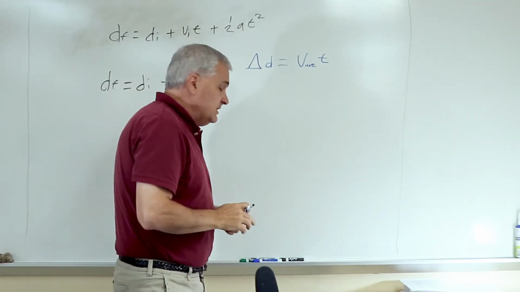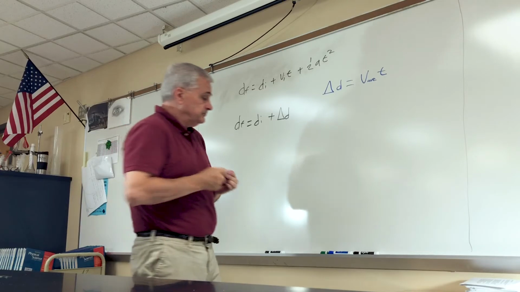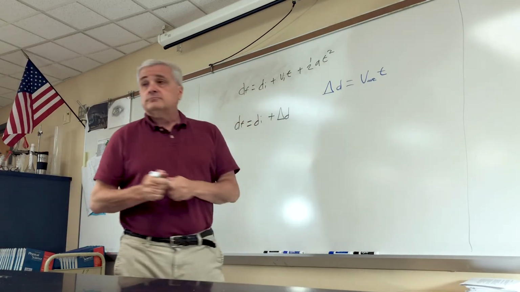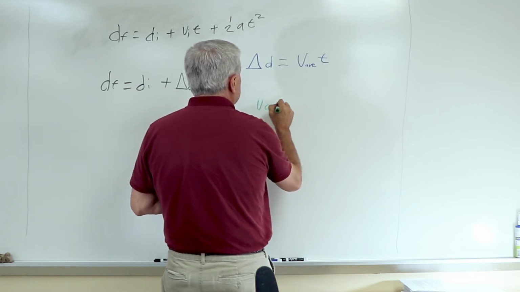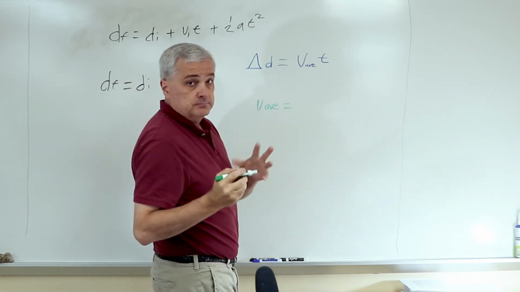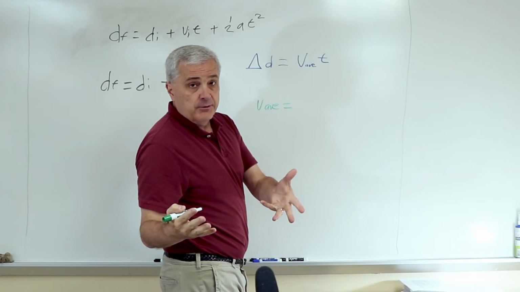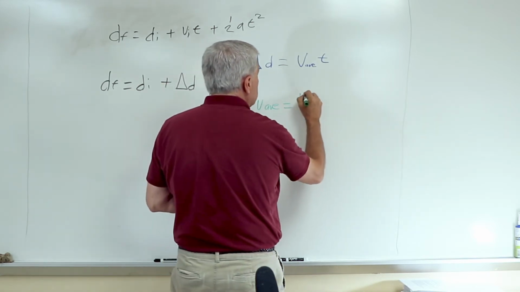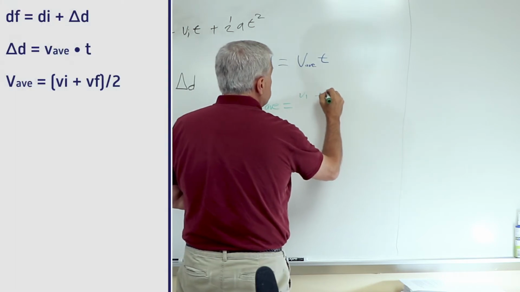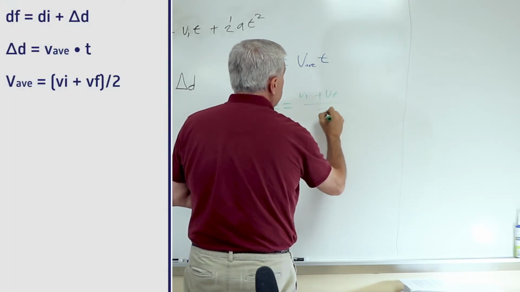Well, what is the average velocity? Average velocity is equal to how fast was it going to start with, and then how fast was it going at the end, take the average. So that's V I plus V F divided by 2.